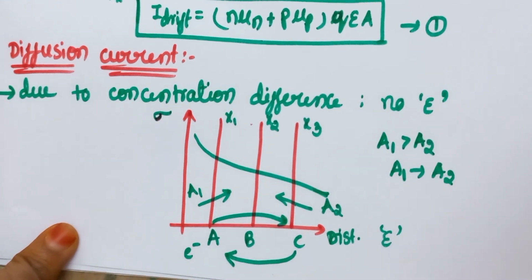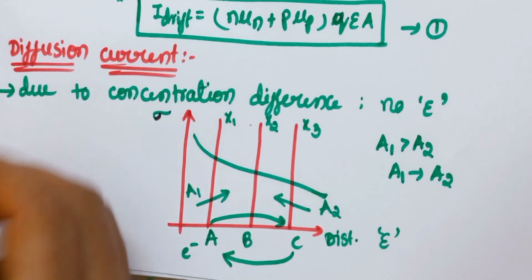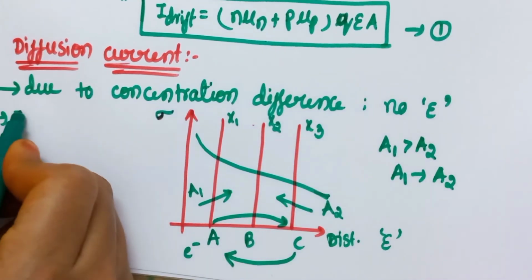So in a semiconductor, at room temperature itself, though there is no electric field applied, this is a very important point to remember. If the device is connected in a circuit, there will be a very small current flowing through, which is called the diffusion current.